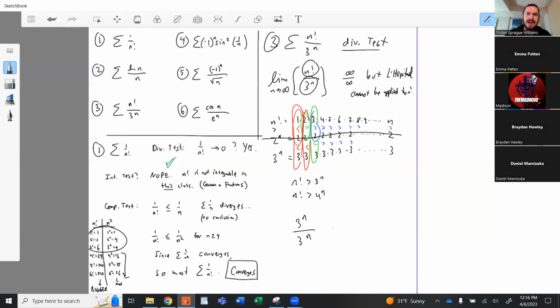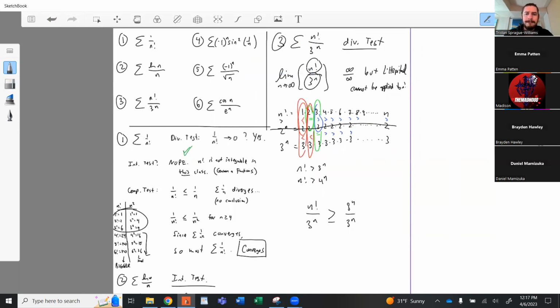If I compare n factorial over 3 to the n to 3 to the n over 3 to the n, which one is bigger? That guy, right? Because the denominator is the same, but this numerator is bigger than this numerator. So this equals 1, and adding up ones is definitely going to diverge, isn't it? Adding up n factorial over 3 to the n is going to diverge as well then.